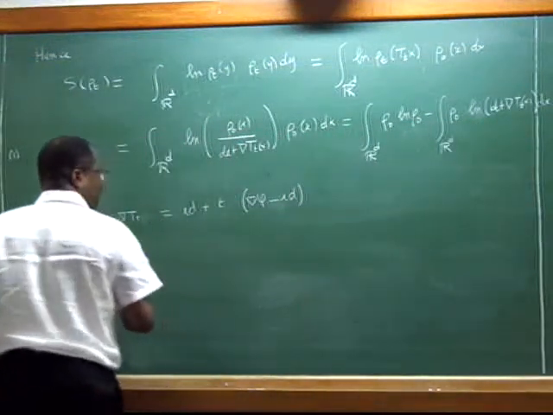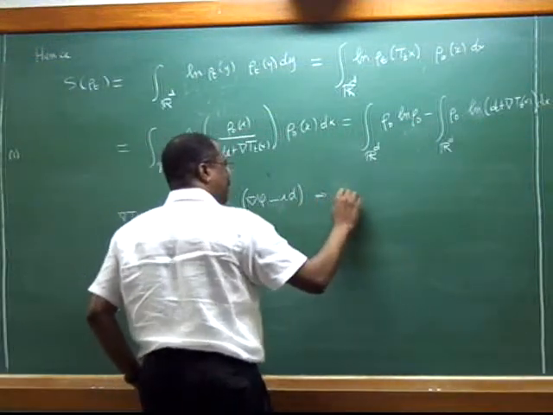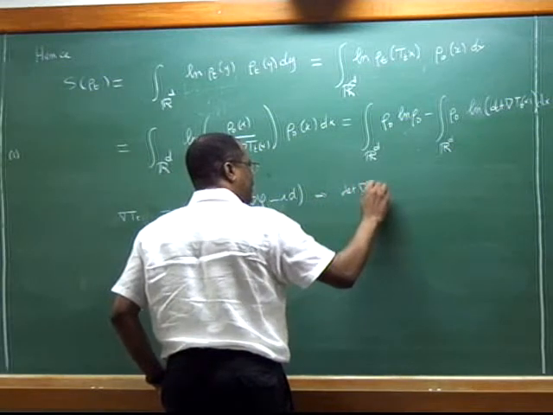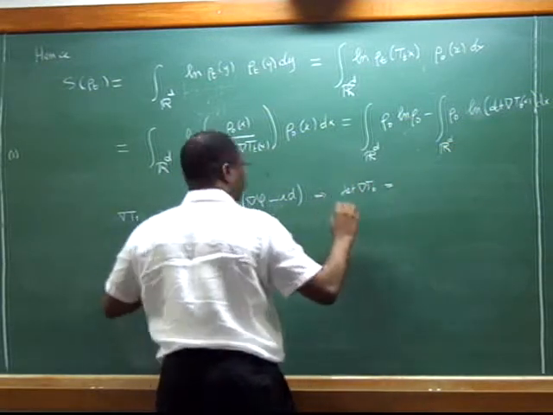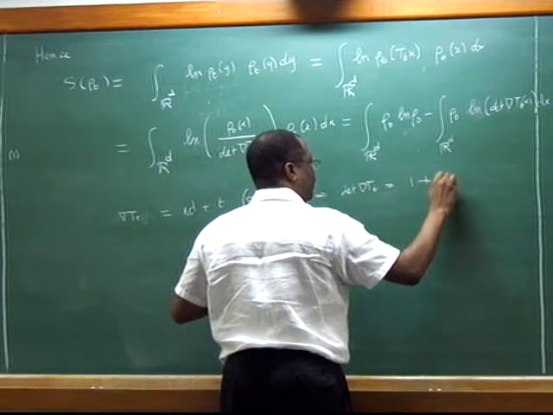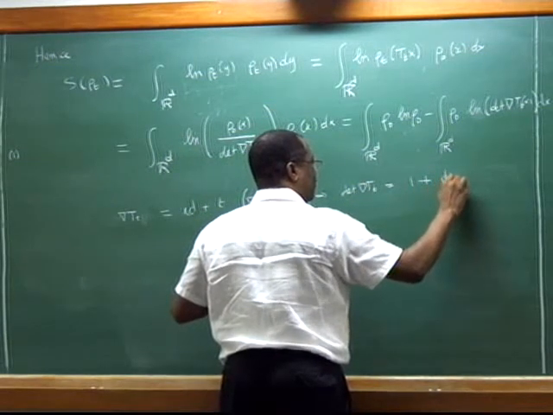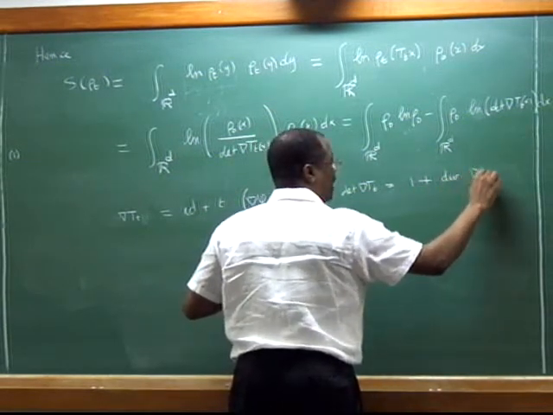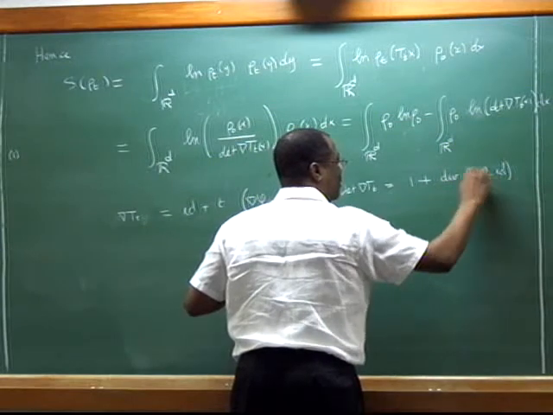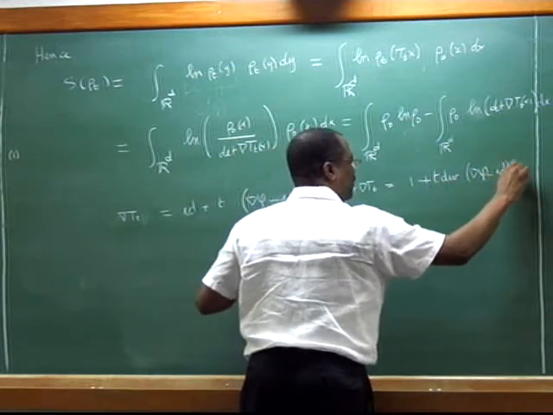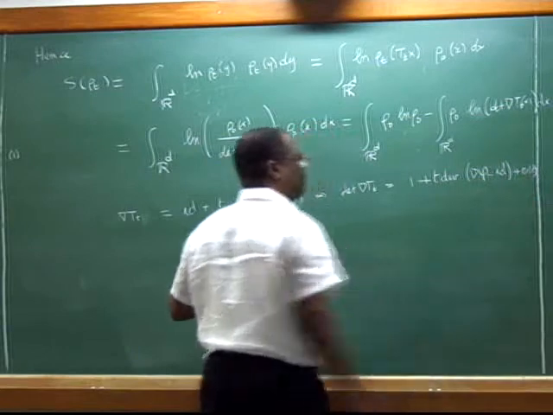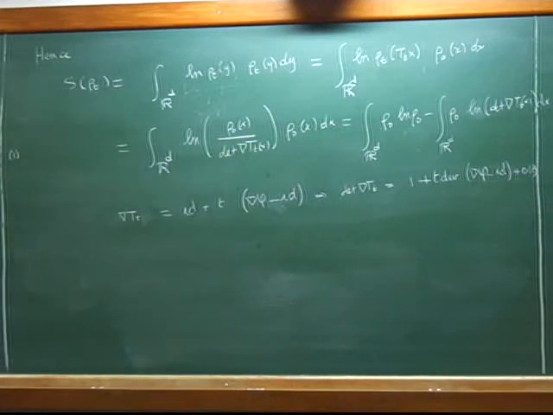And we learned that this implies that the determinant of the gradient of T_t of x is equal to 1 plus the divergence of gradient of phi minus identity times t plus little o of t. This is what we learned last time.